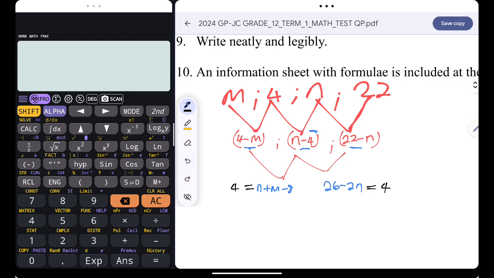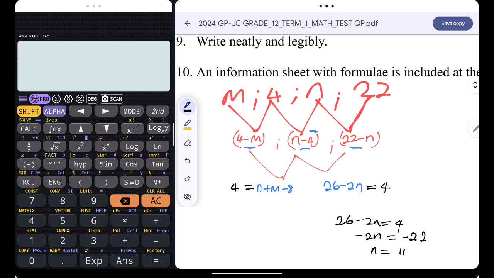So I just need to solve for both m and n. I'll simply have 26 minus 2n being equal to 4. That's negative 2n being equal to negative 22, and then n will be equal to 11.